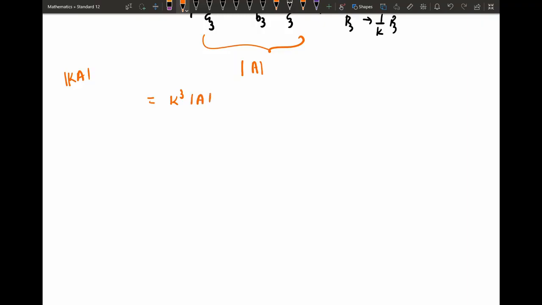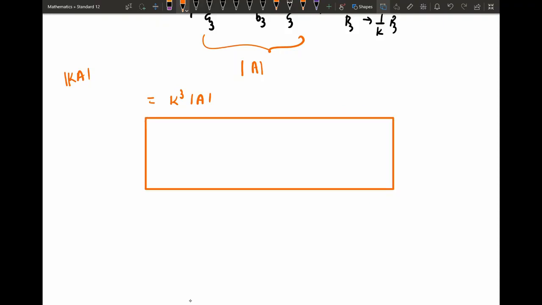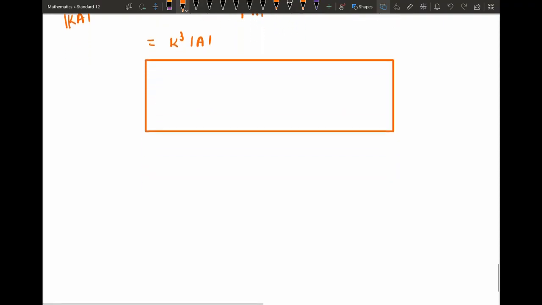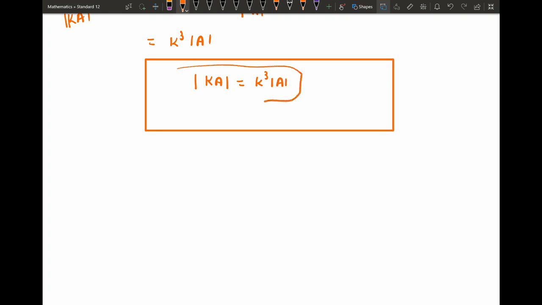So for a 3 by 3 square matrix A, the determinant of the matrix K into A equals K cube determinant A. If you take a 4 by 4 square matrix, then outside there will be K raised to 4.